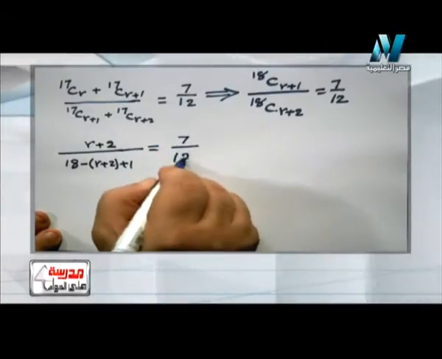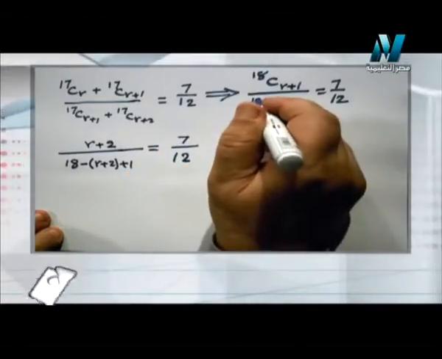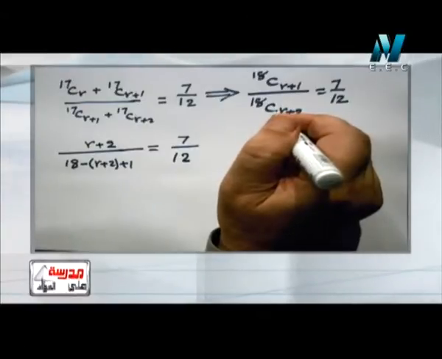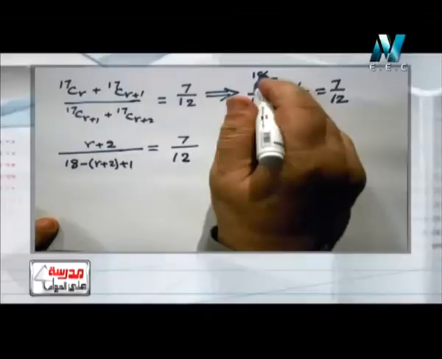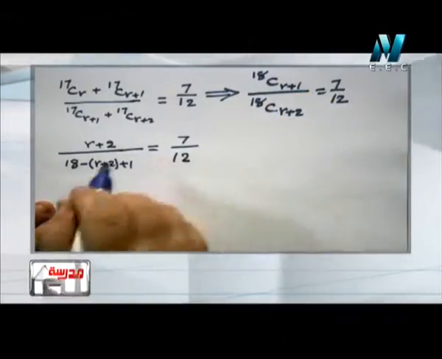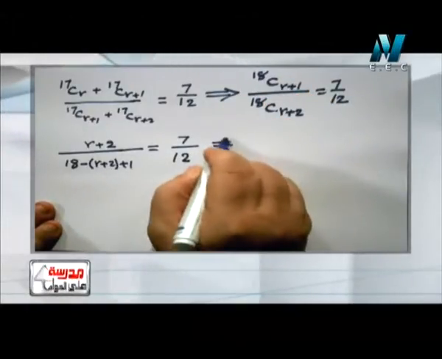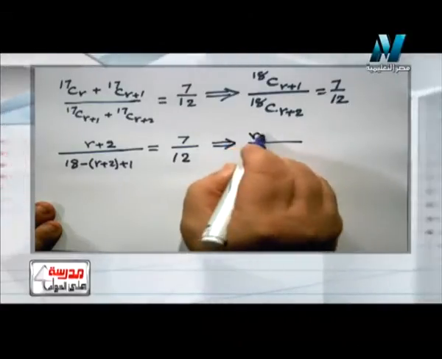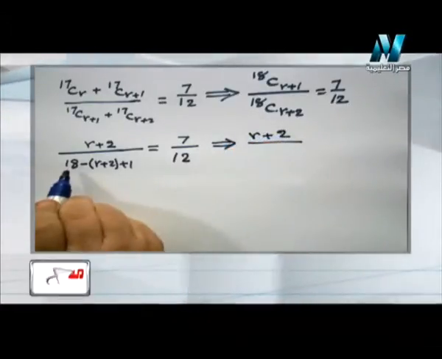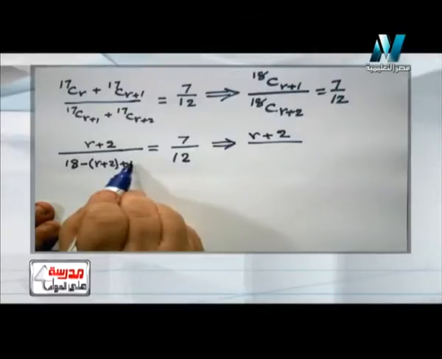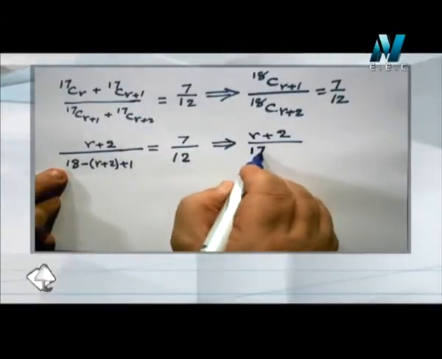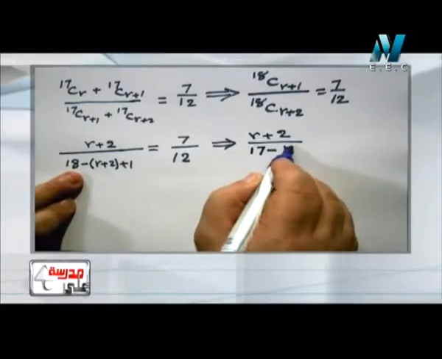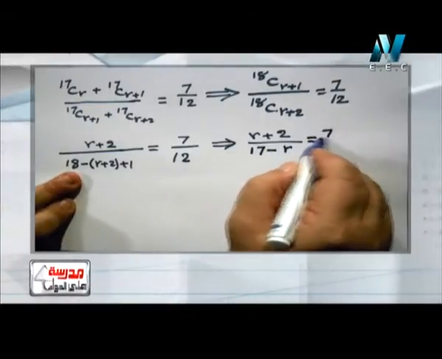Why use this? Because 18CR plus 2 is the greater number in the denominator, then 18CR plus 2 over 18CR plus 1 equals (R plus 2) over (18 minus R minus 2 plus 1), which is 17 minus R, equals 7 over 12.